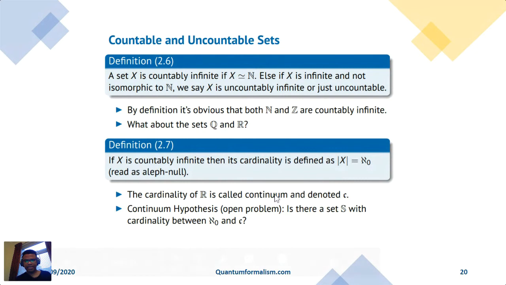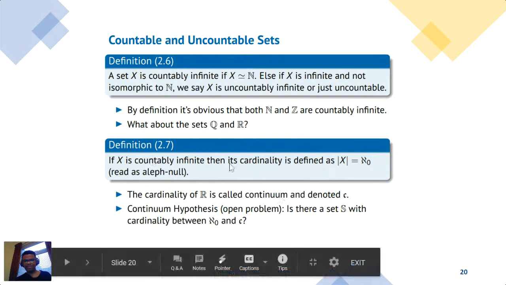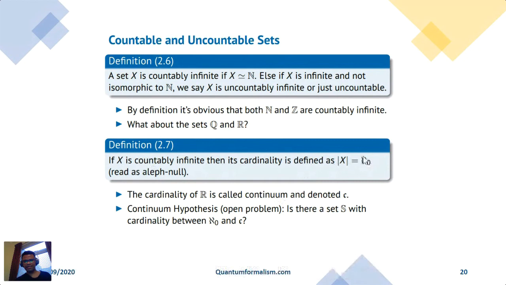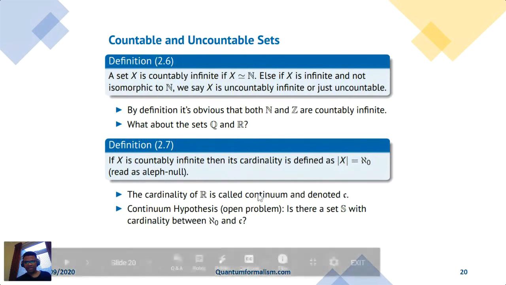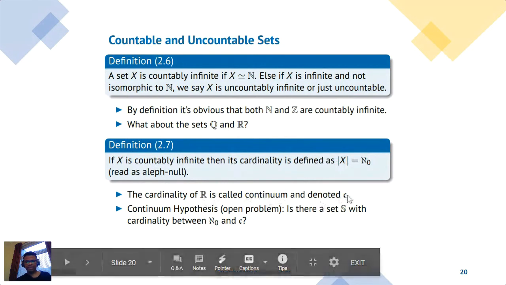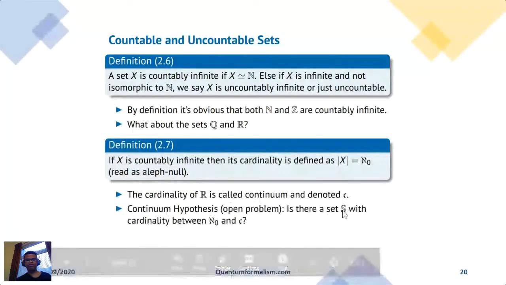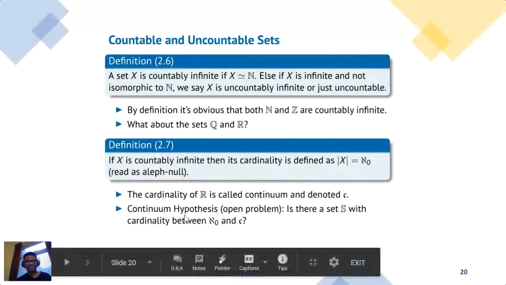Now, the cardinality of countably infinite sets is called Aleph null, or Aleph 0. For the real numbers, the cardinality of R is called C, the continuum. It's an open problem whether one can construct a set X whose cardinality is between that of N and C. This is called the continuum hypothesis.